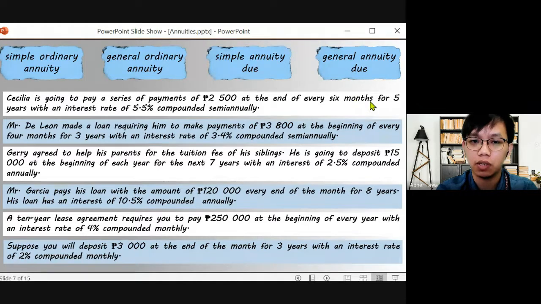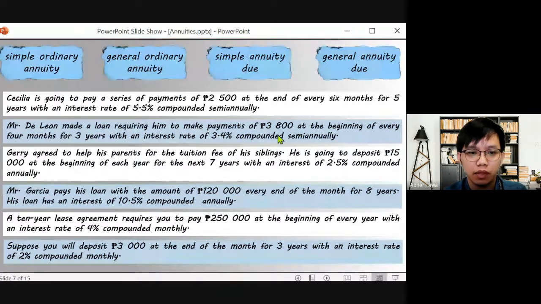It is every 6 months. And yung interest period natin is semi-annually, that is every 6 months as well. Therefore, it is equal to the payment interval. So it is simple. Pag parehas, simple. Pag magkaiba, general. So for our first example, that is simple ordinary annuity. Very good, Miss Joanna.